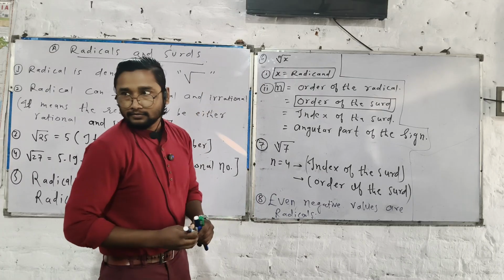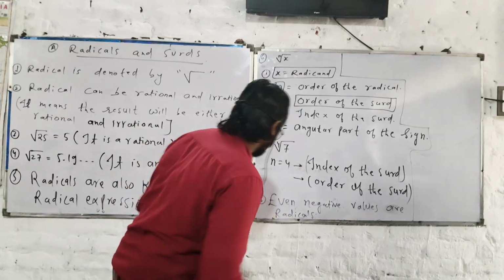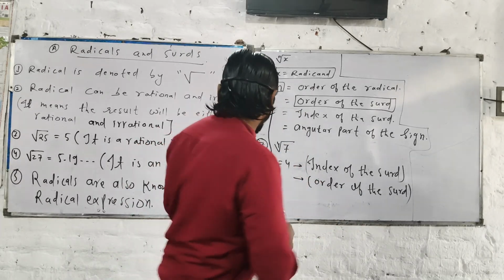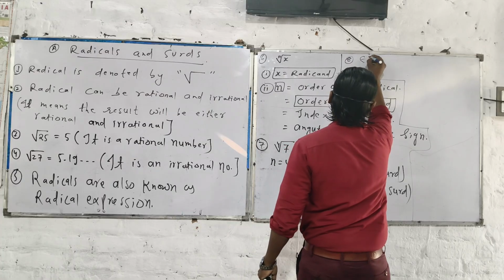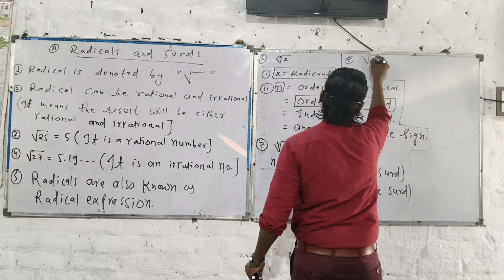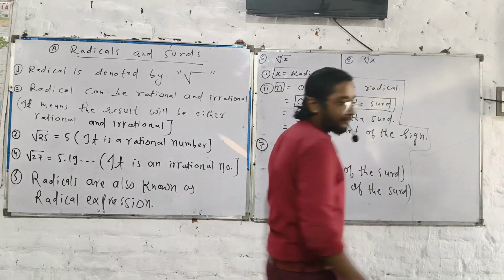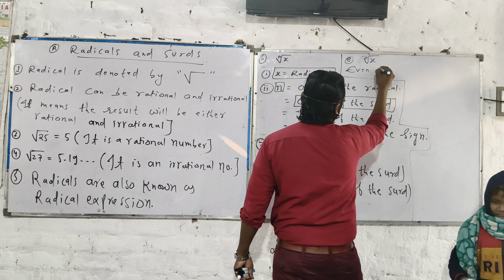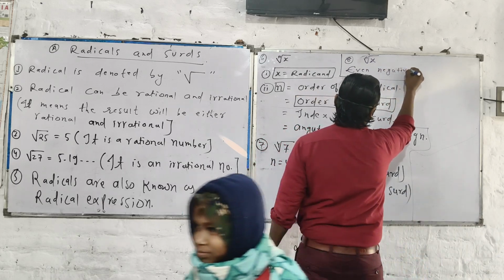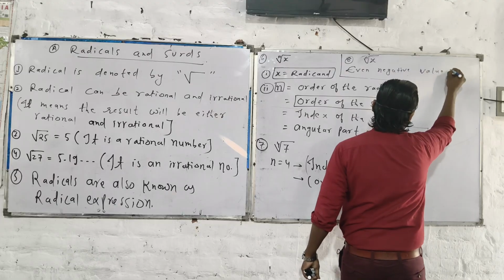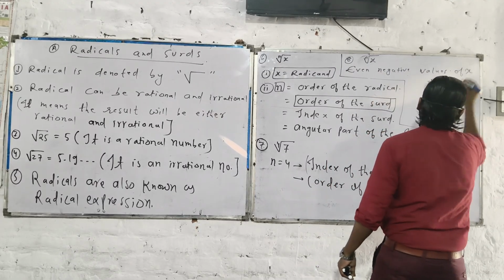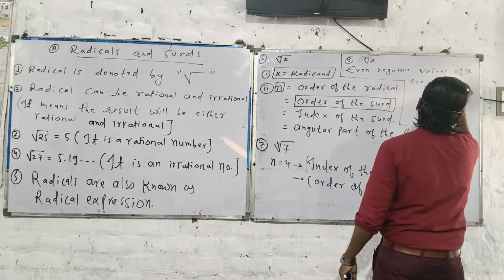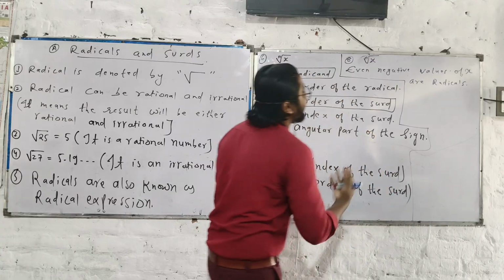Let me write here the nth root of x. Even negative values of x are radicals.